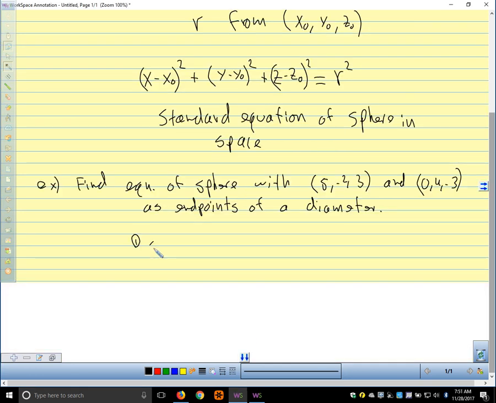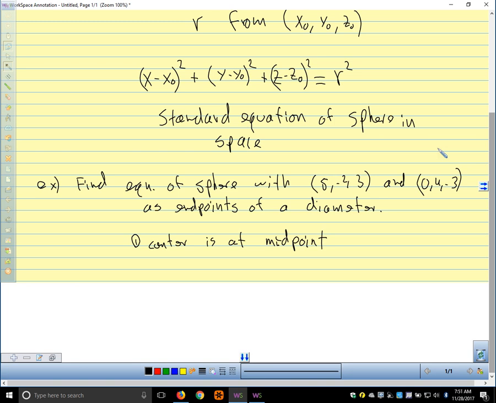So the center is at the midpoint, and we remember how to find the midpoint of a segment, right? Average the x components, average the y components, average the z components. So 5 plus 0 divided by 2, negative 2 plus 4 divided by 2, 3 plus negative 3 divided by 2. So we find the midpoint, and then how do we find the radius?